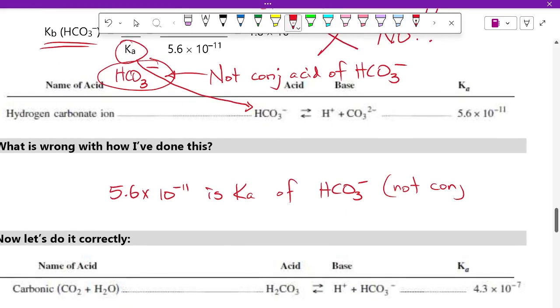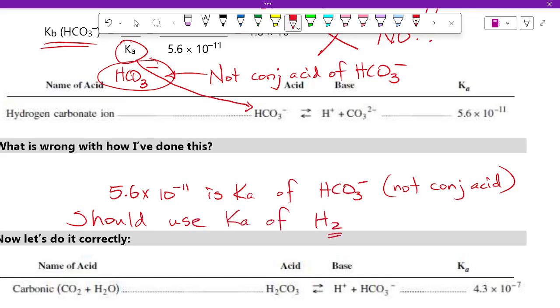Who should we use? We want the conjugate acid of HCO3 minus. We should use the Ka of H2CO3, which is the conjugate acid.